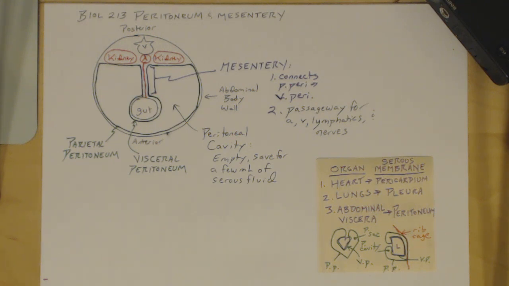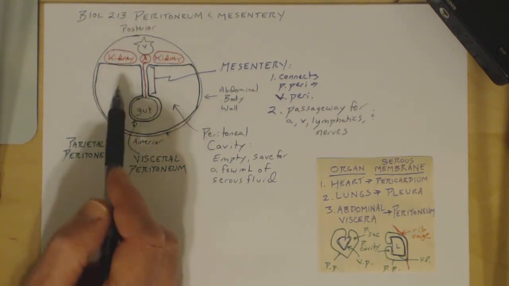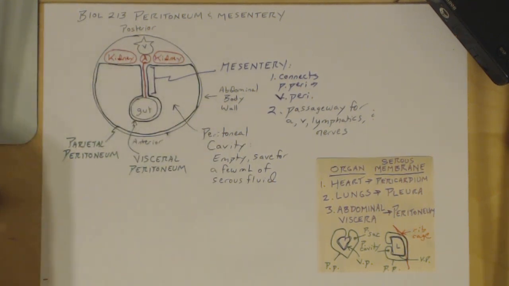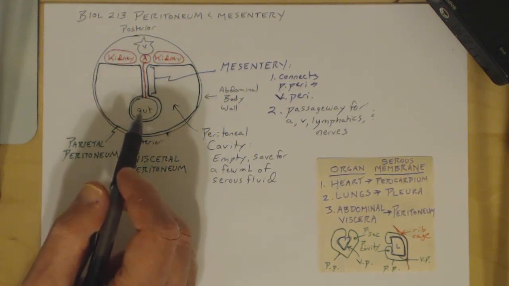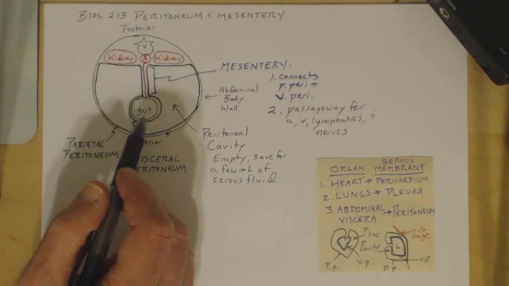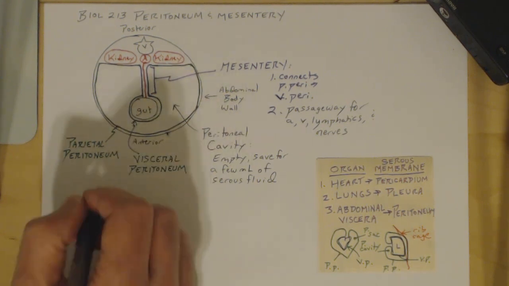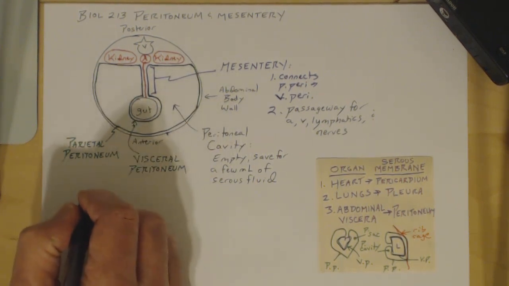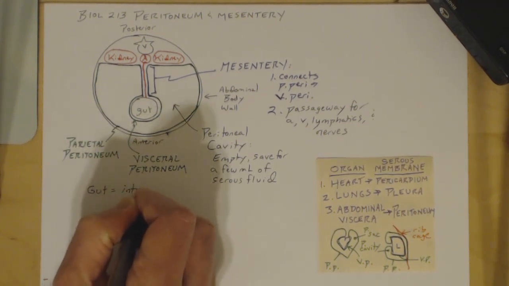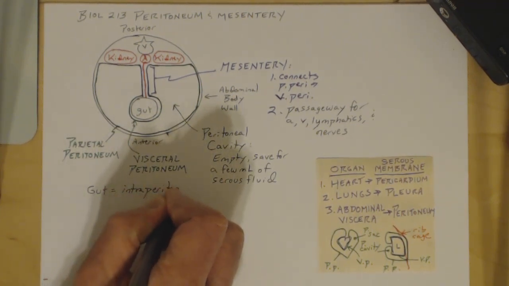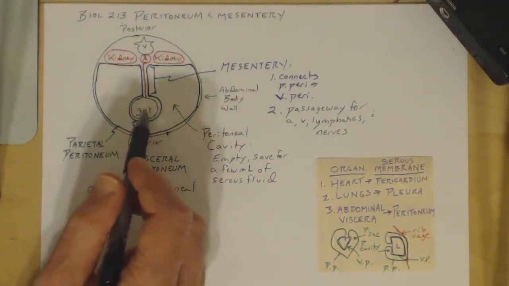There are two other terms that come up when we talk about this sort of arrangement of the mesentery and all these other organs in terms of how they're situated. The gut, in this case, this portion of the gut, not your entire gastrointestinal tract from your mouth down to your anus, but at least this portion of your gut, which represents, let's say, part of your small intestine, is considered intraperitoneal, meaning that intra means within, and peritoneal refers to the peritoneum.